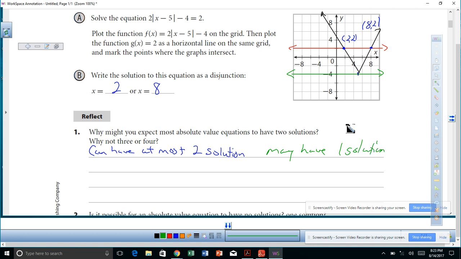Is there another scenario where it might not have any? If it ran across here somewhere like that, it would have no solutions. See, it's no solutions.